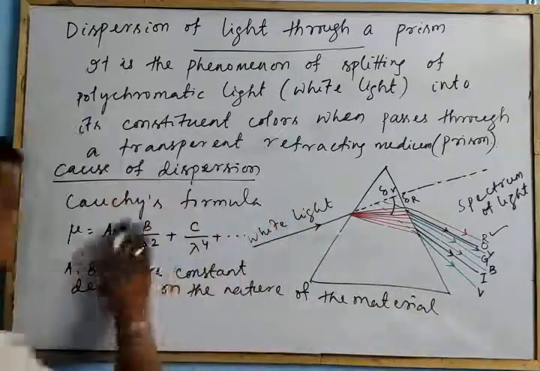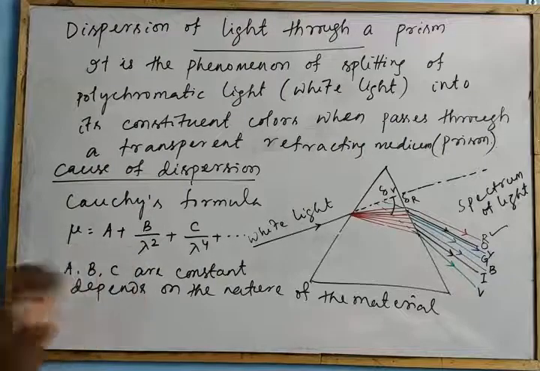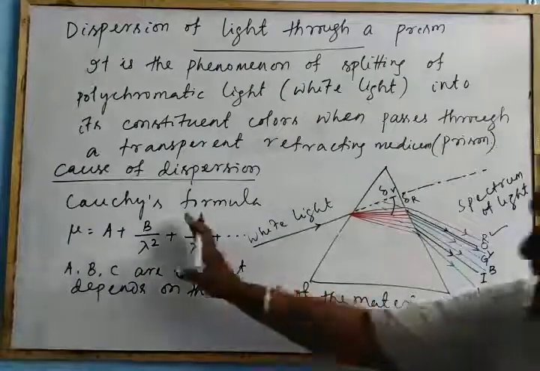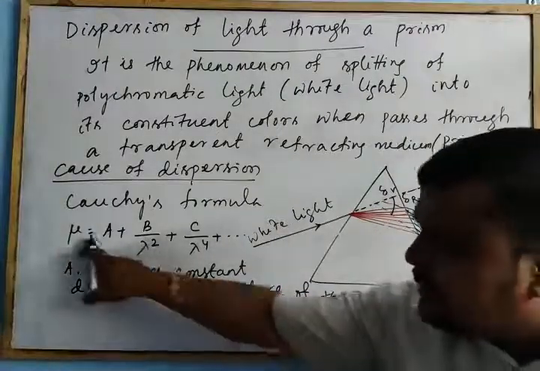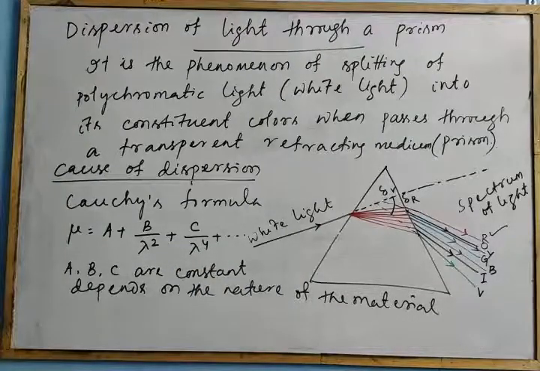We are not discussing these A, B, C, but the refractive index is inversely proportional to lambda square. If we neglect the higher powers, up to this dot, the refractive index is inversely proportional to lambda square. Clear?